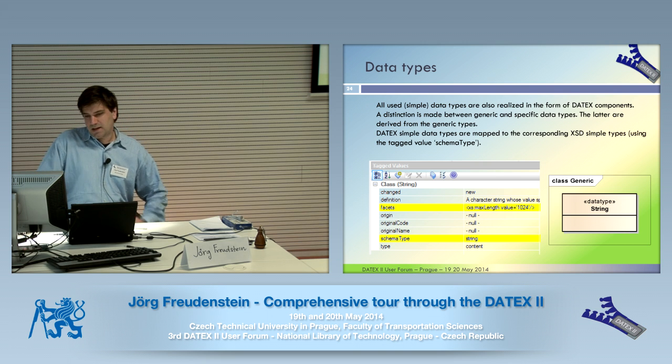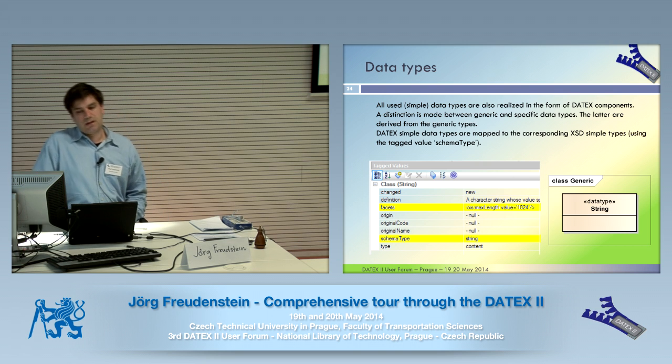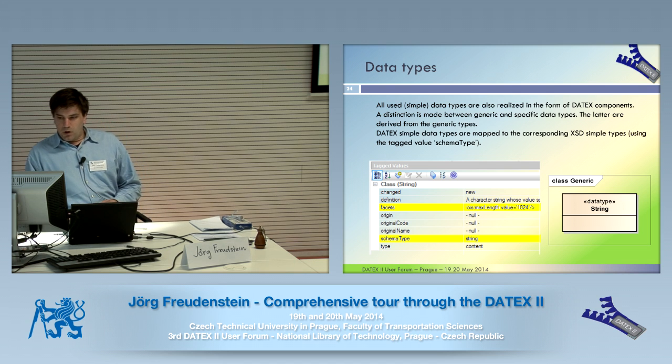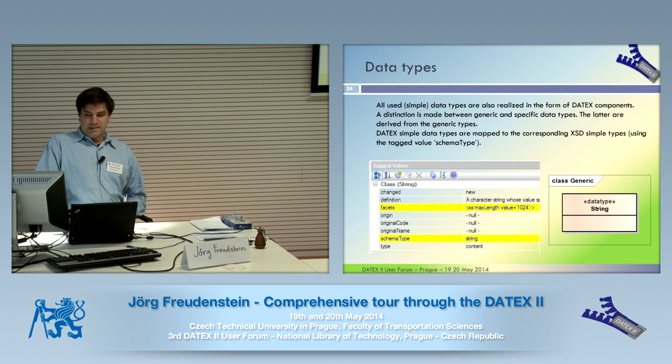Okay, in Datex we use data types, but we created our data types on our own. So, of course, we have very common things like string, booleans, and integer, and all these things are classes. So, for example, the string class, which is able to be restricted by some facets with the length.